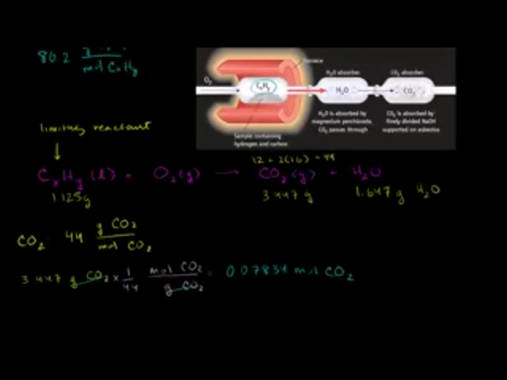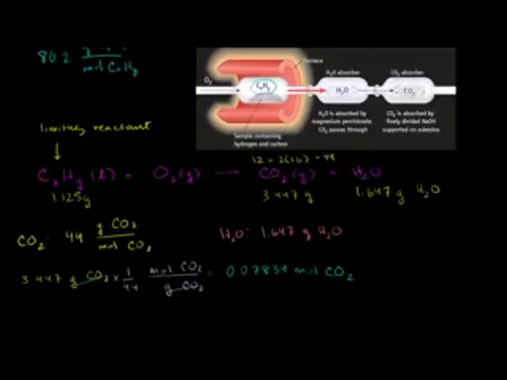Now let's figure out how many moles of water we have. So I can do the exact same thing over, let's see, where should I do that? Let me write it over here. So let's do the water in orange right here. So we're starting off with 1.647 grams of H2O. And what is water's molar mass? Same argument.